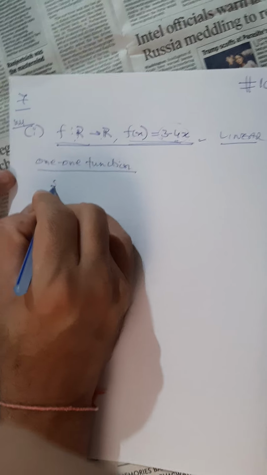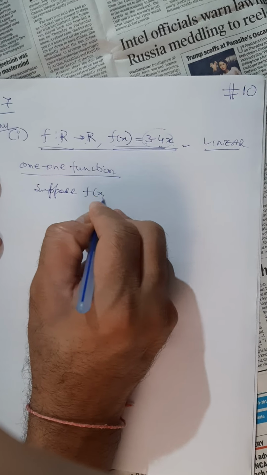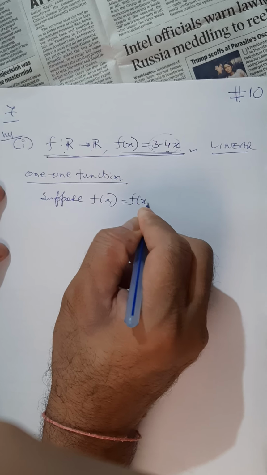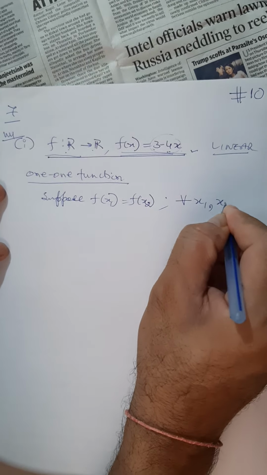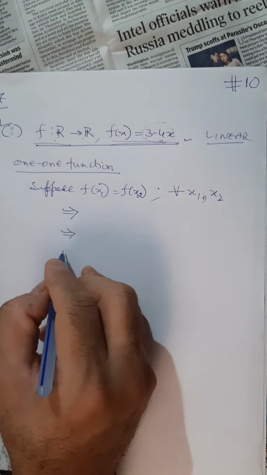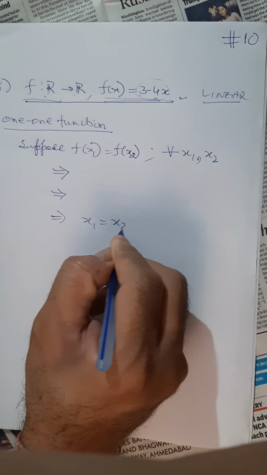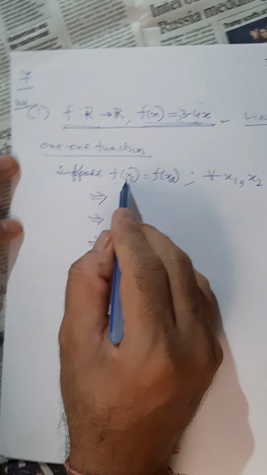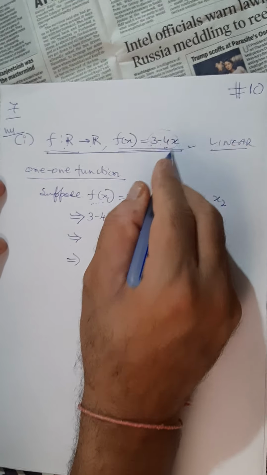So I'll start with this. Suppose f of x1 equals f of x2. Started with equal images for every x1, x2 in the domain. And what I'm going to show is that x1 equals x2. Remember. Now write the meaning of f of x1: 3x1 minus 4.